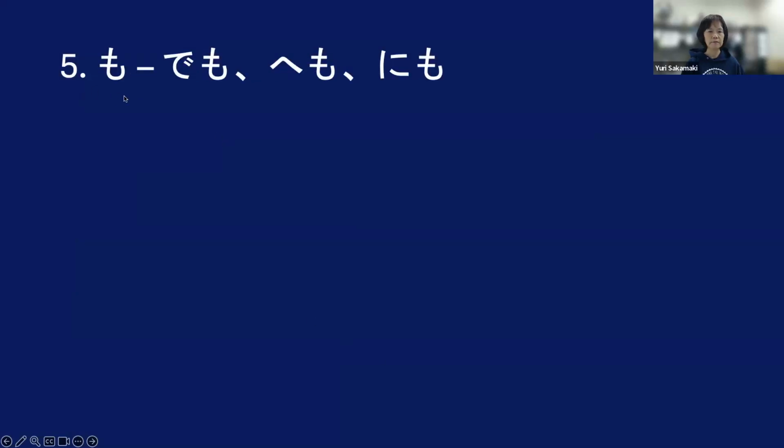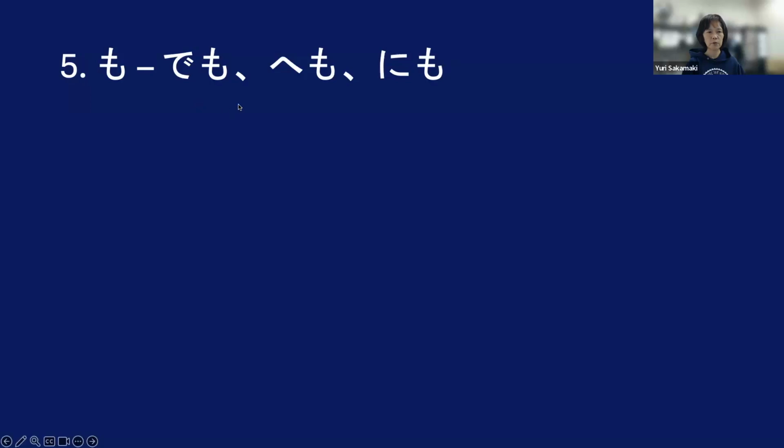So number 5, it's about も, which previously we learned as also. So we can say, これはペンです。あれもペンです。So this one is a pen. That one also is a pen. So you can do that.